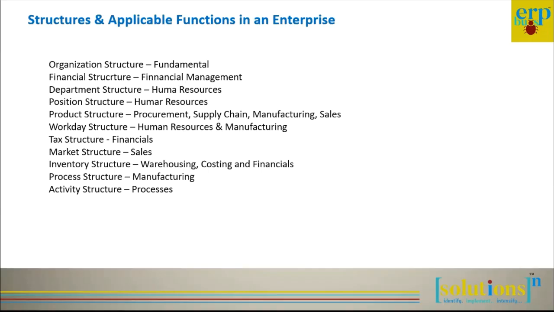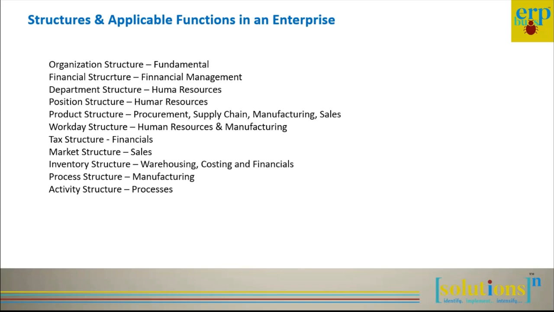So these are the additional structures which will come when we get into those areas or those functions, after we start with the organization structure and then the financial structure. These two structures are the backbone to run the business, but based on the requirement, based on the organization's business process, these additional structures will be required and will be defined by the different function owners.